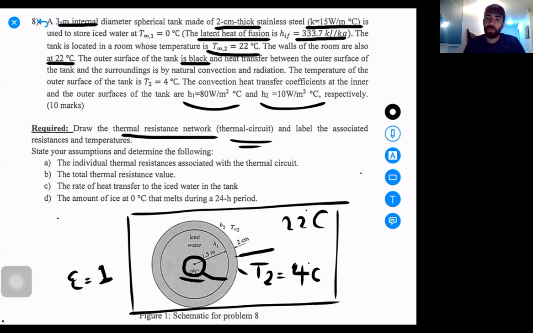A thermal resistance network or thermal circuit is basically a network of thermal resistances, which is very similar to what we have in electrical circuits, as the resistance of the system over temperature difference. It is really similar to electrical circuits, where instead of temperature difference, you have voltage difference.